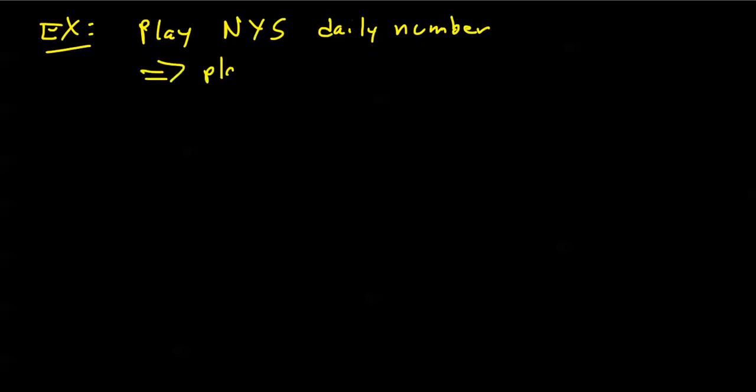I like to think this is an interesting example. It kind of blows the magic away from games of chance. Let's start with the event of playing a New York State daily number. We're going to simplify the rules a little bit here. To play, we pay $1.